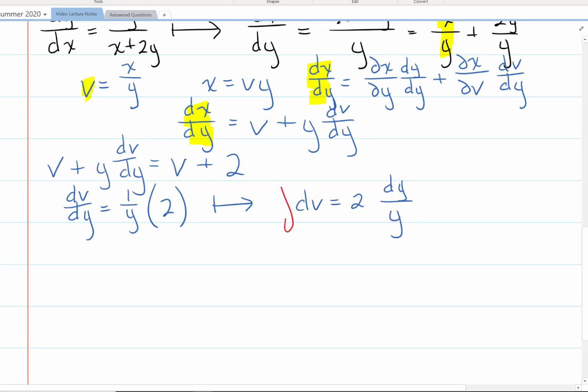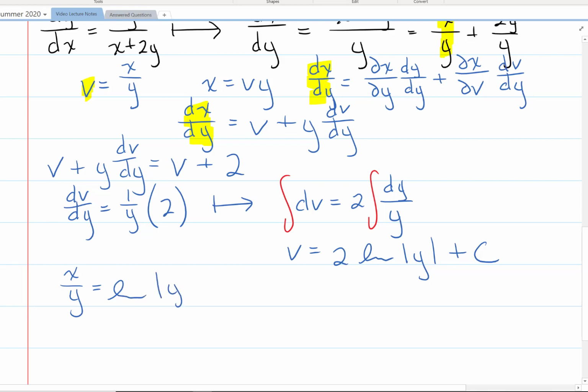And we can integrate this to get v equals 2 ln of absolute value of y plus c. And then just keep back substituting. X over y equals, well, we'll just call it ln of, look what happens when we do this.